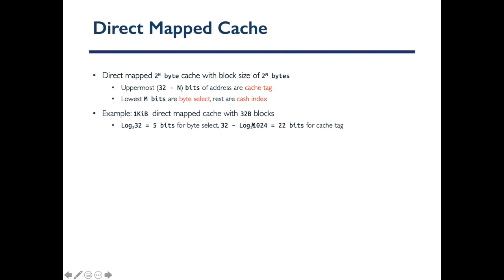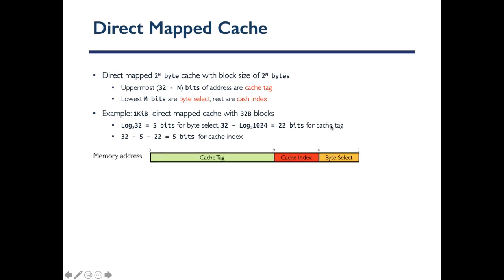The log of the size of your cache is 10, so 32 minus 10, that's 22 bits for cache tag. And the rest of it is going to be used for cache index, so 5 bits. Now here is that example. The first 5 bits are going to be used for byte select. The next 5 bits are going to be used for cache index, and the rest of it is going to be cache tag.